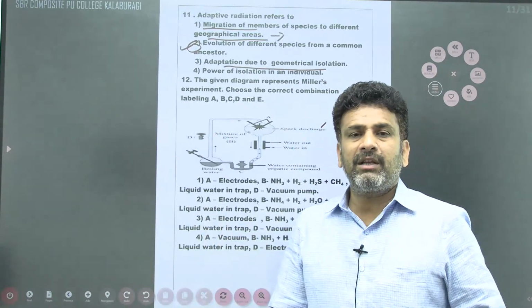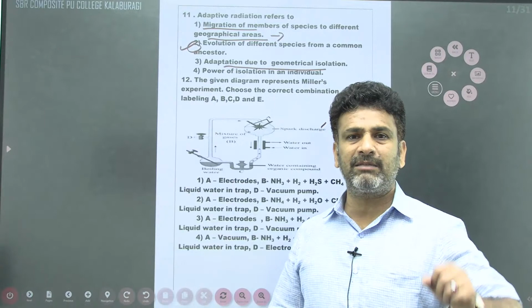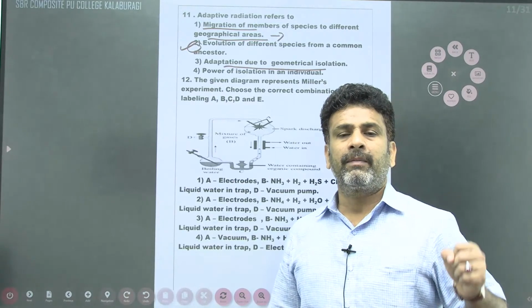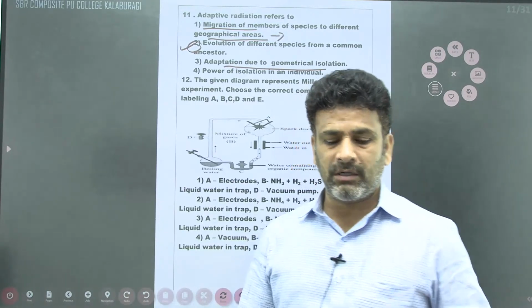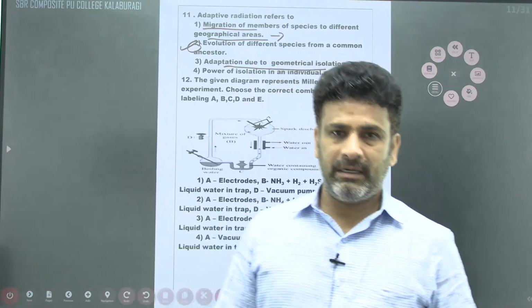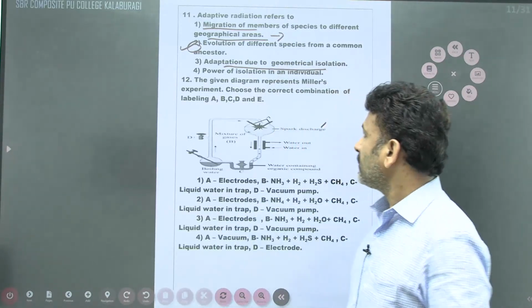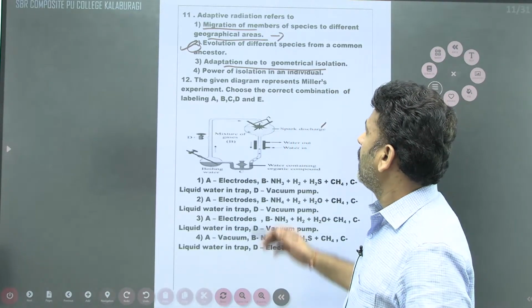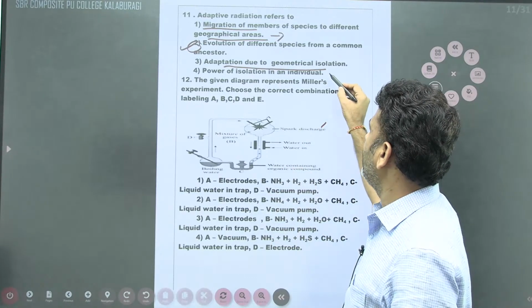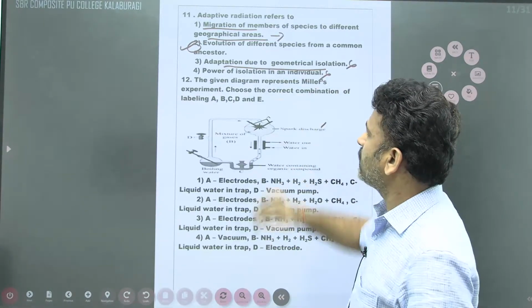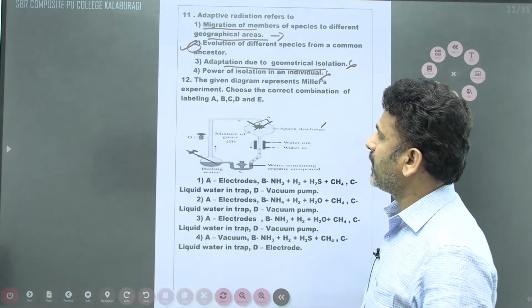That is the adapting character. Adaptation strength mainly depends upon the individual's genome content. That is called adaptation, the power of isolation in an individual. So that's why the second option is the correct one.